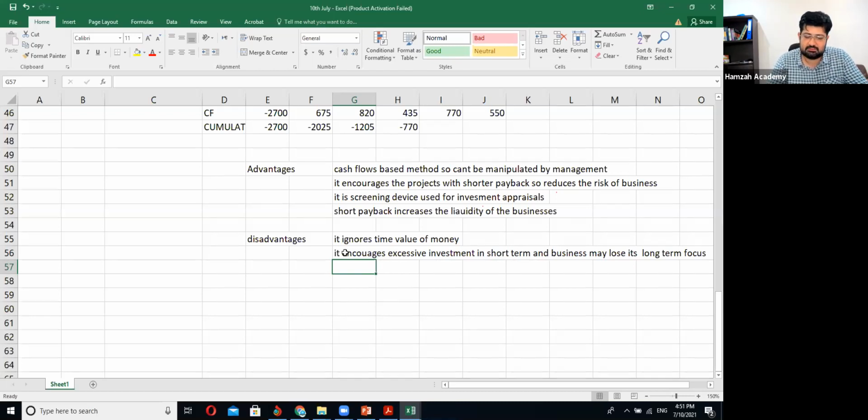Now, it ignores the cash flows which occur after the payback period. Just see here: Project A, Project B. I'm going to explain that.